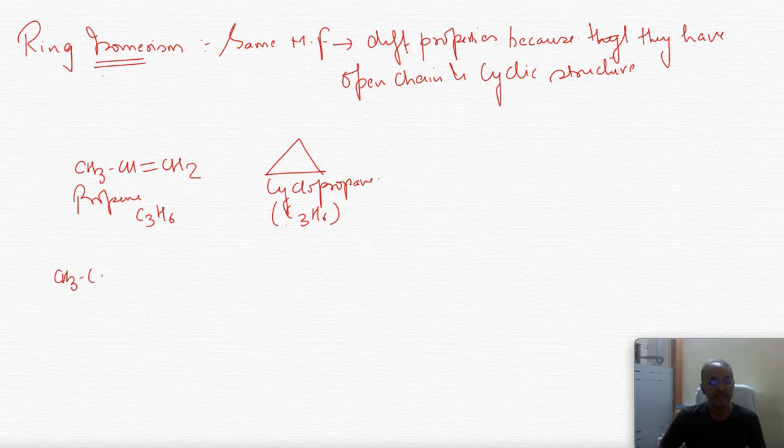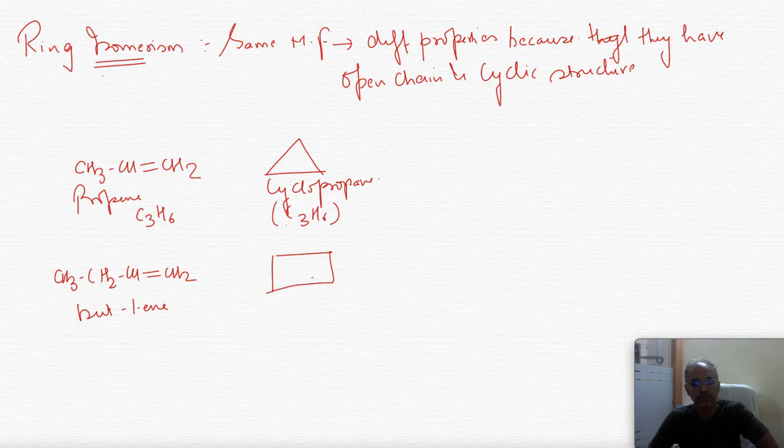Similarly we can see CH3 CH2 CH double bond CH2. Take for example this also happens to be but-1-ene. Fine, like that. This is known as cyclobutane. Similarly it can also be written as like that, CH3. Fine.